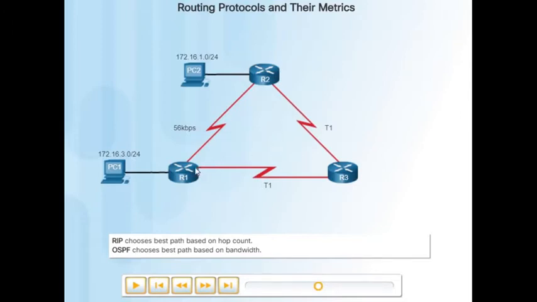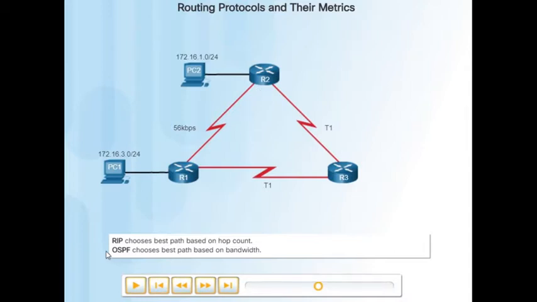This line, though it only has one hop, has only 56 kbps in terms of bandwidth. This line right here is a T1 interface, so it's faster compared to 56 kbps. So these two T1 lines are faster compared with this line.